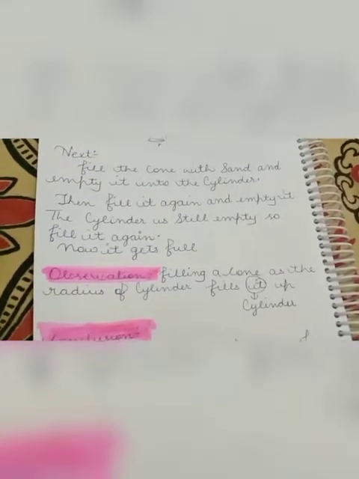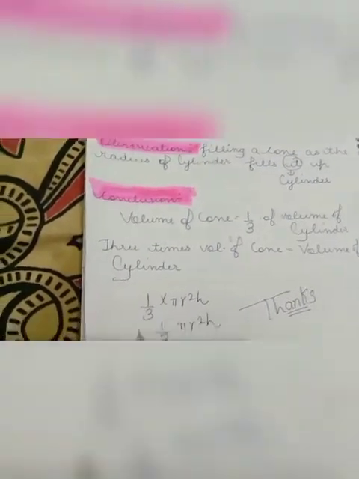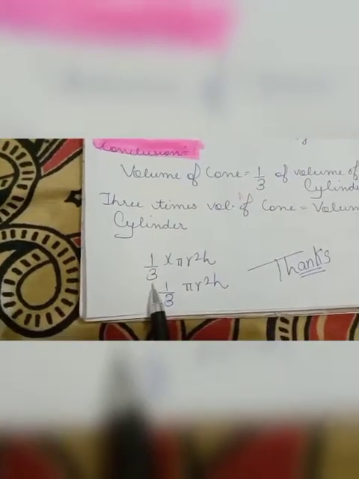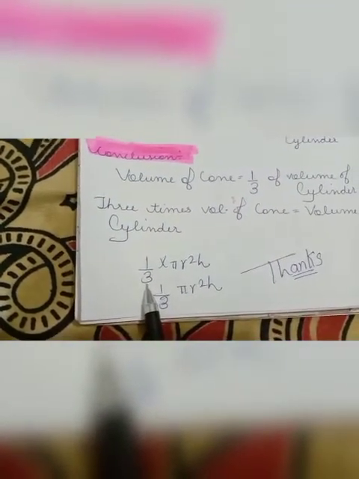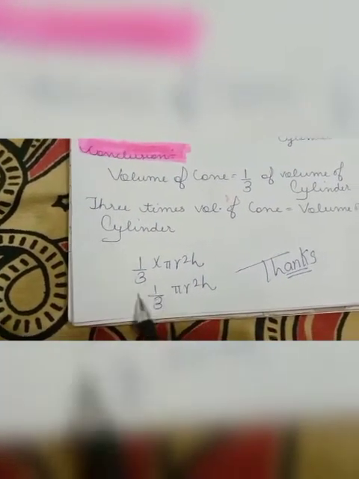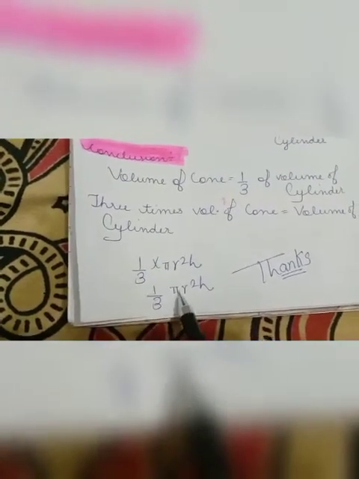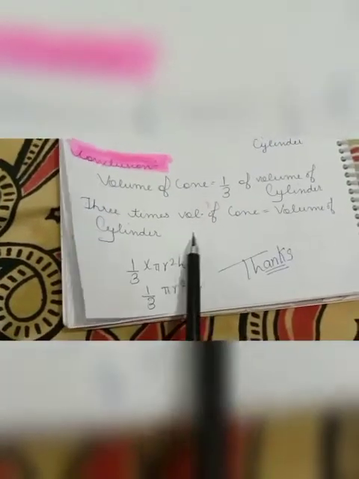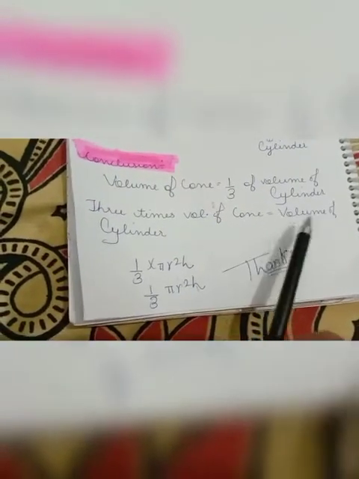The conclusion of this activity is that volume of cone equals 1 by 3 of the volume of cylinder, equals 1 by 3 into pi r square h, which is 1 by 3 pi r square h. This means 3 times the volume of the cone is equal to the volume of the cylinder. Thanks a lot.